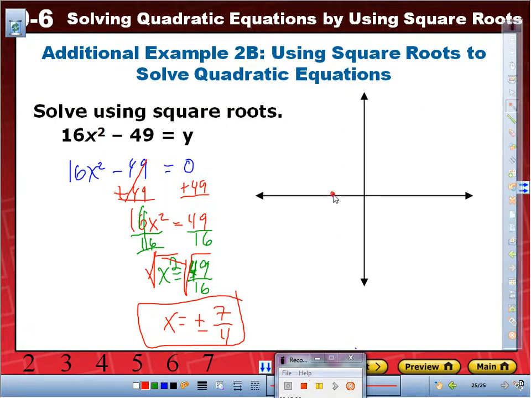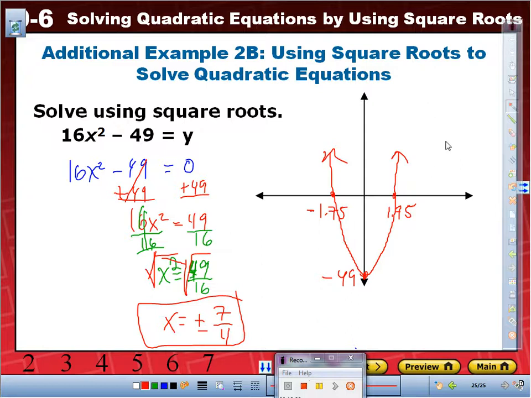So therefore, my roots are 1.75 and negative 1.75. So what is my y-intercept? Negative 49. So my parabola should look something like this.